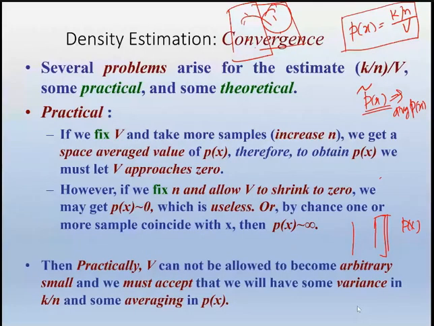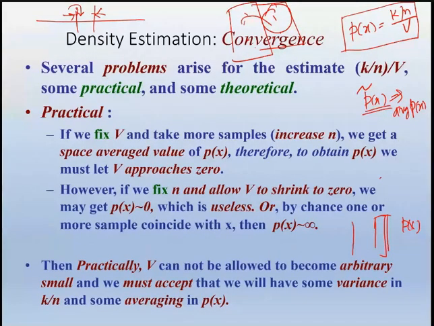That means if I keep on reducing the volume, if this is a 1D case and this volume is reduced, then there may be a chance that nobody is falling into this bin. If nobody falls into that, that means k becomes 0, then there won't be any probability. So that will be 0 by n by v, so everything is 0 then. So that is also not desired.